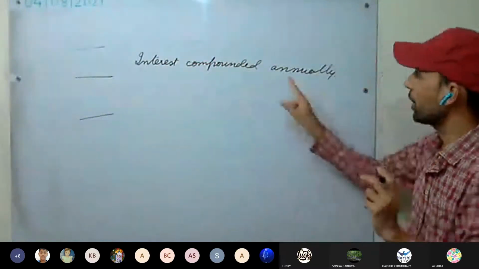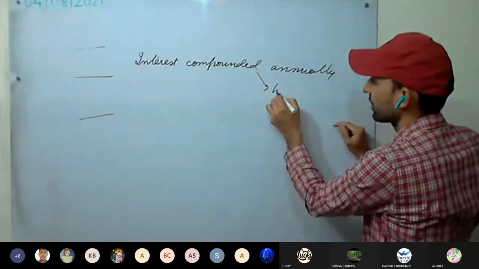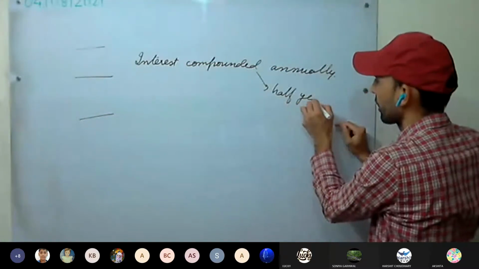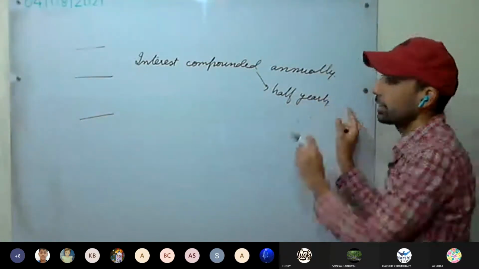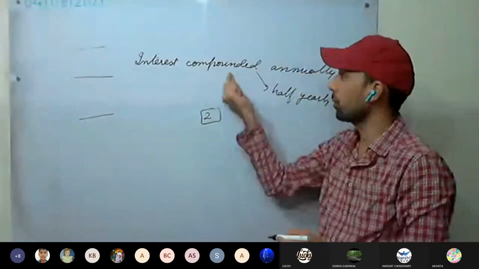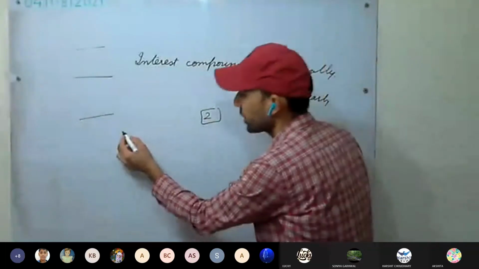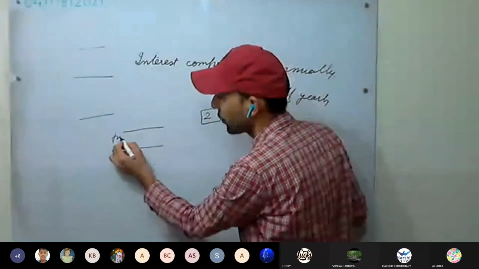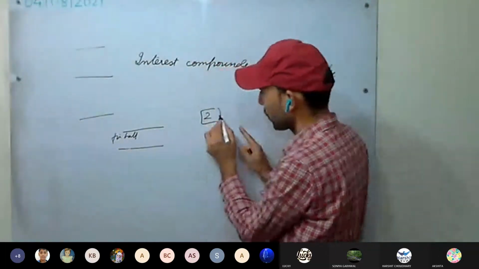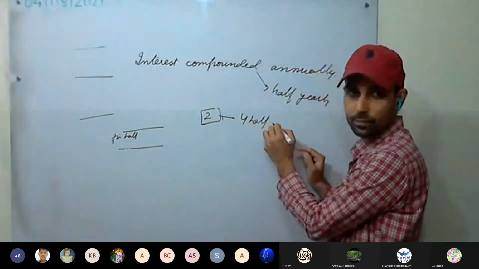Now see here, if I write interest compounded half yearly, it means, for example, 2 years are there. How are you going to calculate compound interest half yearly? For the first half year you will calculate. So how many half years will be there? 4 half years are there.